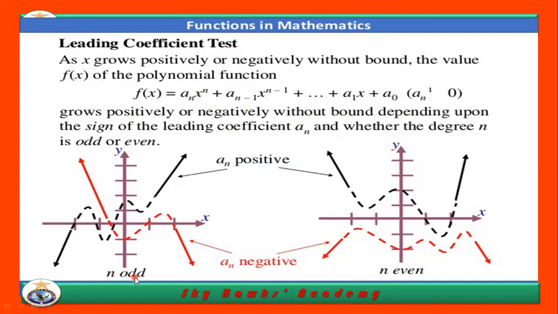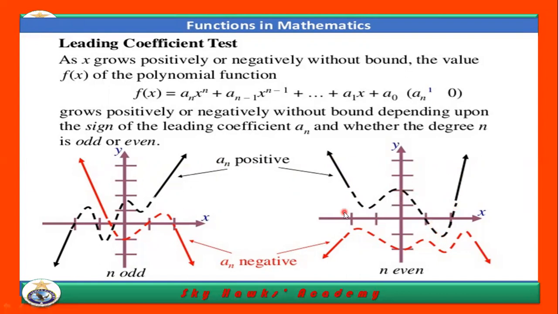When n is odd, the function is just like that. When an is positive, it is going upward. When an is negative, it will be just like that. It will go upward when the leading coefficient is positive, so you will have to draw the upward opening.